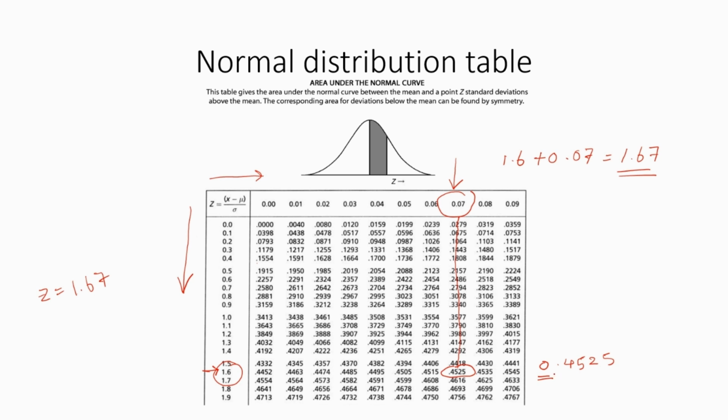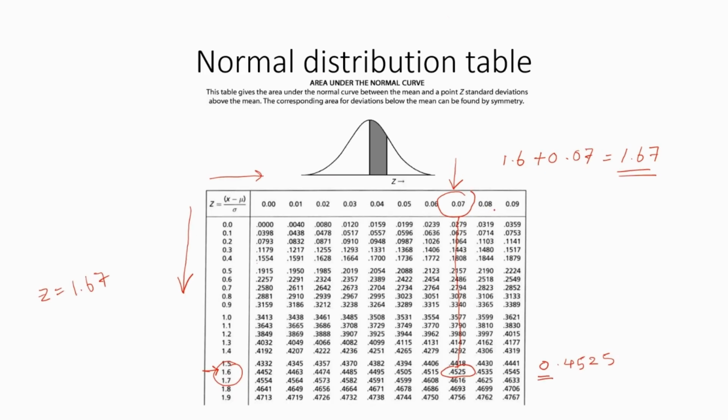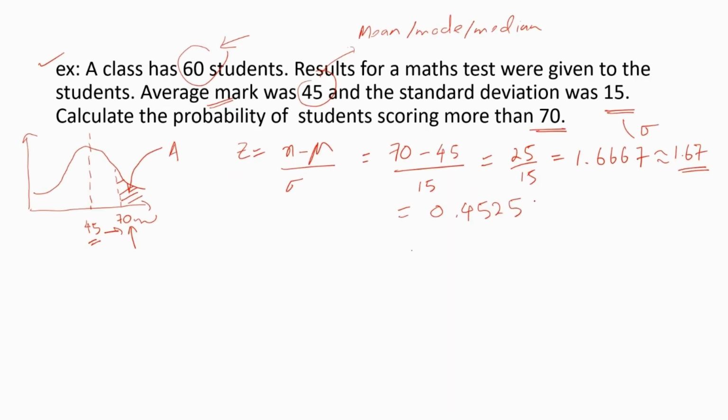Now let's go back. Now we have found the probability 0.4525. We can convert this into a percentage by multiplying by 100, which equals 45.25 percent. This is the answer. Is it?